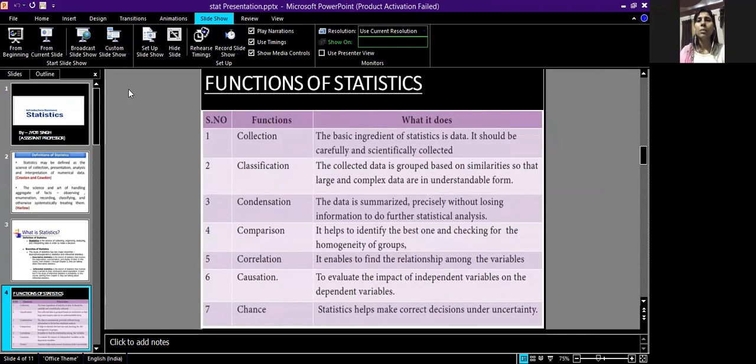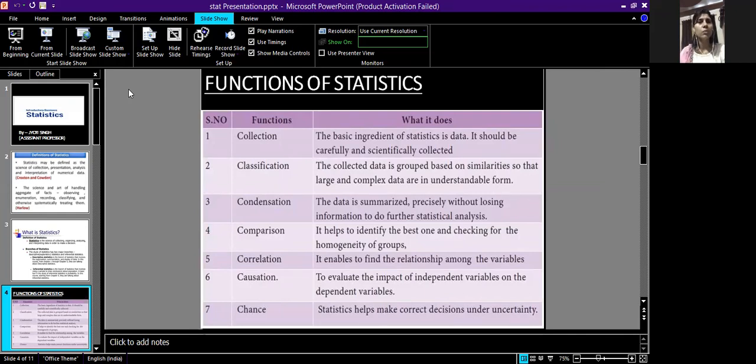The similarities and dissimilarities between the data help you to understand the classification of data. So we start converting the data from complex form to simpler form. This is classification.